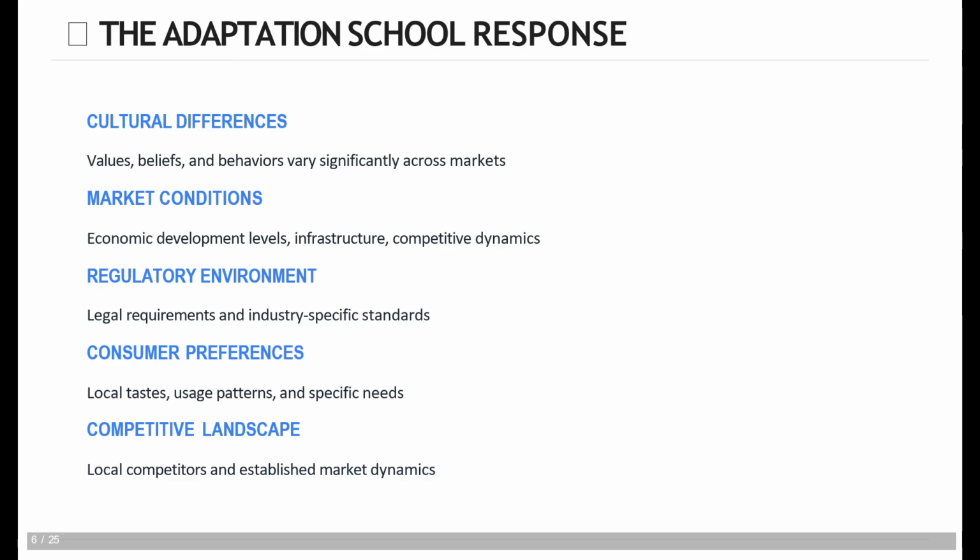Lastly, competitive landscape. Local competitors may have deep market knowledge and established relationships. A global brand may need to adapt its strategy to compete with the strong players. Adaptation is often necessary to achieve local market success, even if it increases complexity and cost. Next slide.